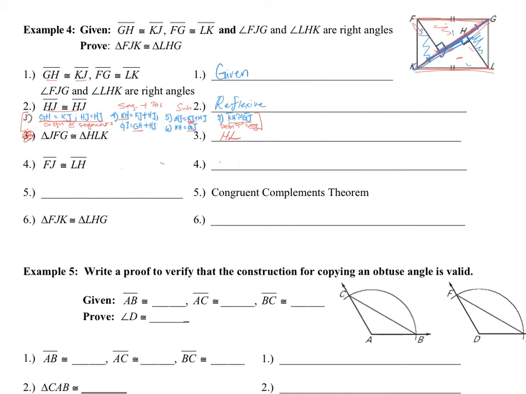So we can therefore state that FJ is congruent to LH by CPCTC.